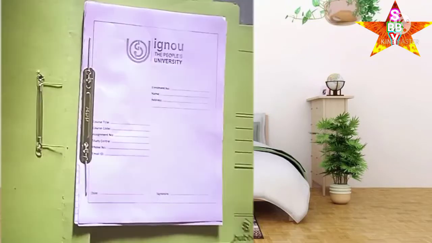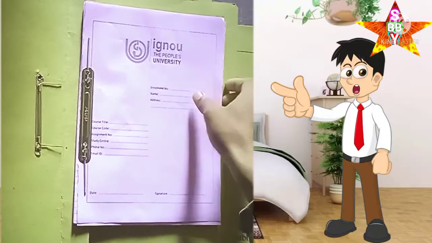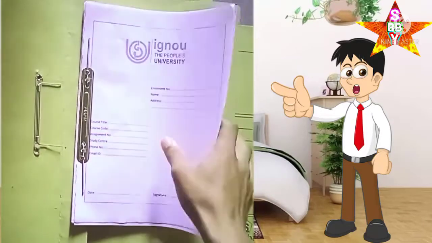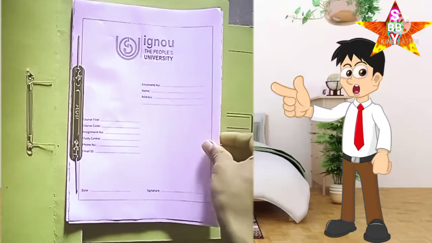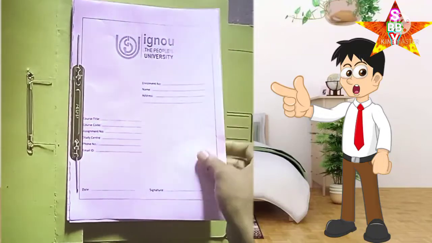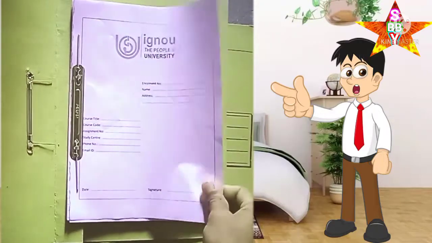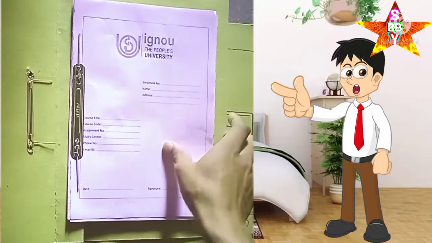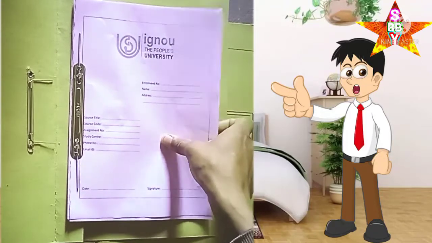Students, you can see this is an assignment file, and this is an assignment for example. For example, you have to submit your assignment front page, and you have to submit according to the college rule.